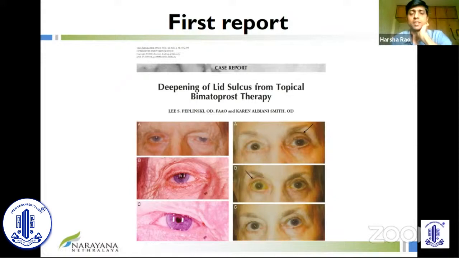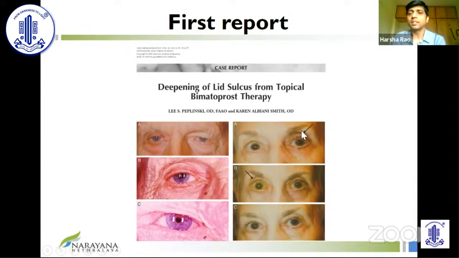If you look at the couple of examples which they had mentioned, I will probably take you through the second example here. Here is the patient who was started on bimatoprost therapy in the left eye, and this arrow points towards the deepening of the upper eyelid sulcus in this eye, which is very conspicuous when compared to the other eye.